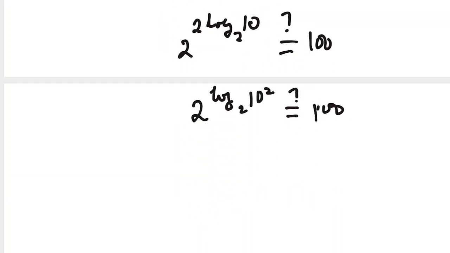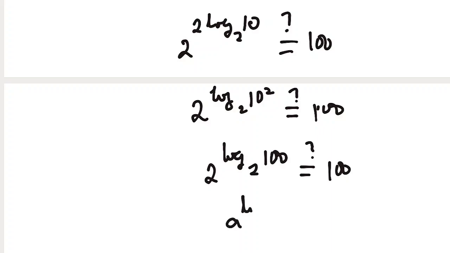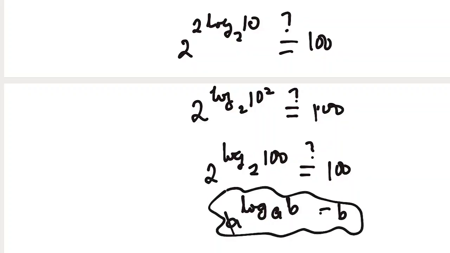We have 2 to the power of log base 2 of 100. Would this give us 100? Yes. When you have a to the power of log base a of b, you can see the bases are the same, so we cancel them and we don't have the base. Understand? So therefore we also cancel this.